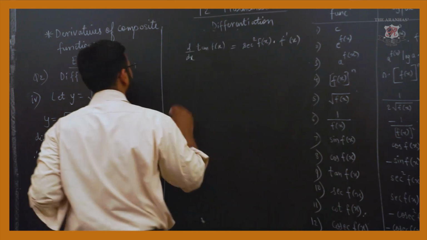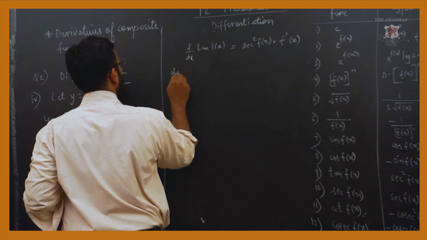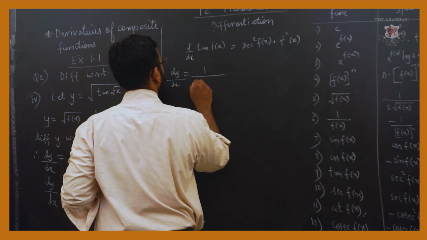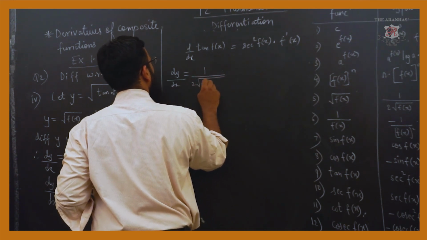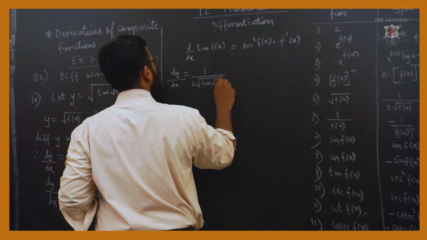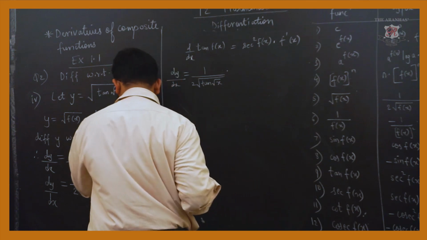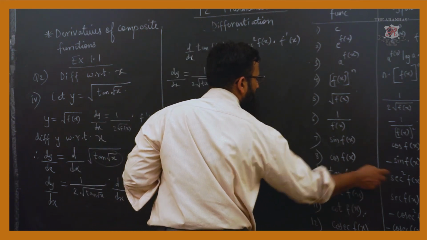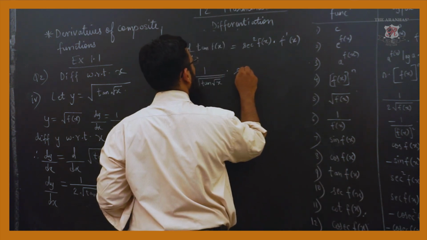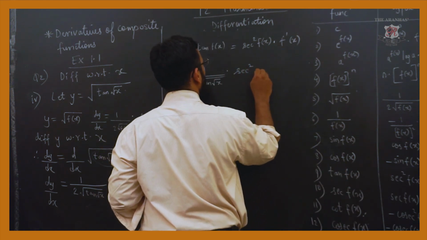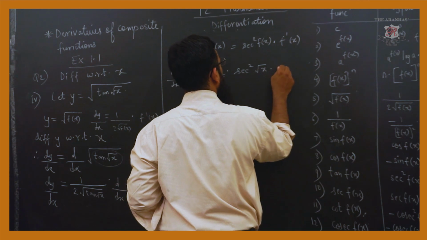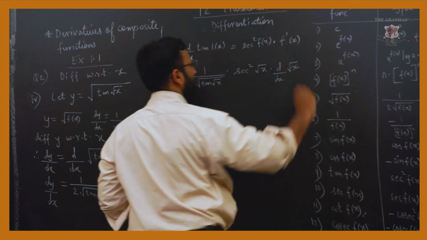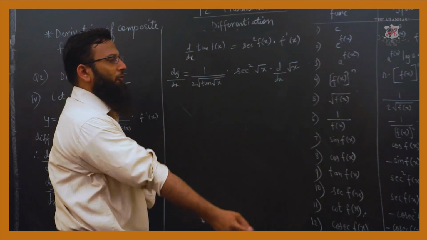So what I will do is my dy by dx remains as it is, 1 upon 2 root of tan root of x also remains as it is, and then derivative of tan f x is sec square of root x. Once again, students, we have to take derivative of root x.